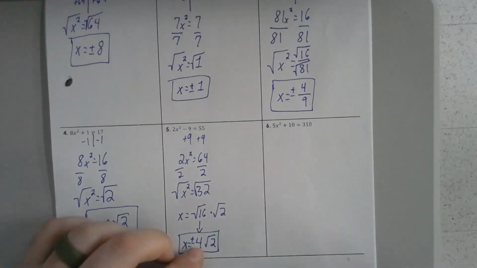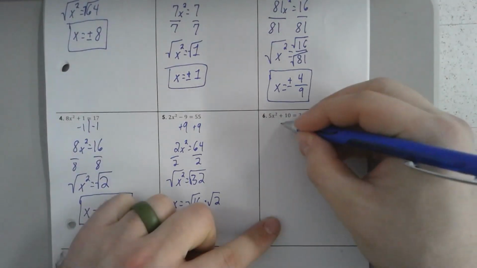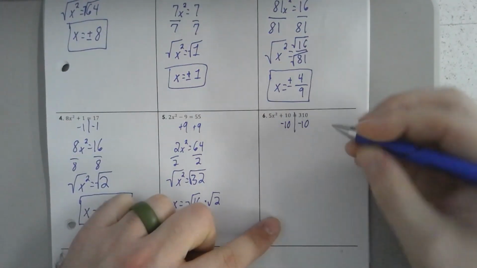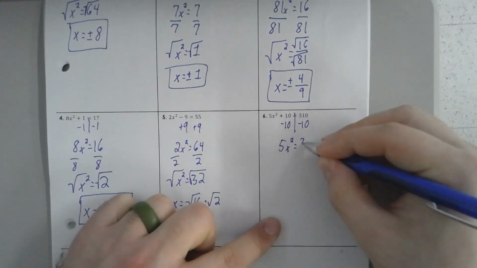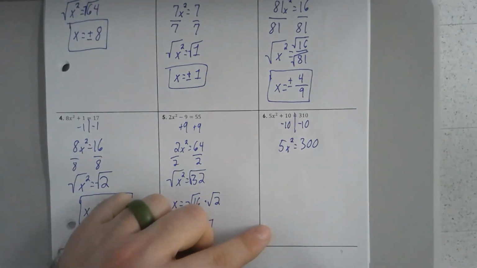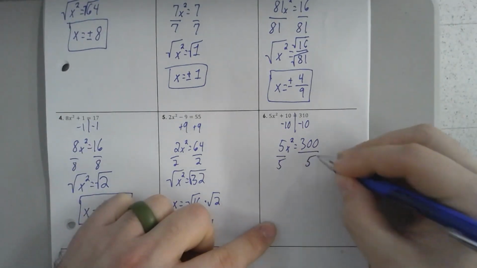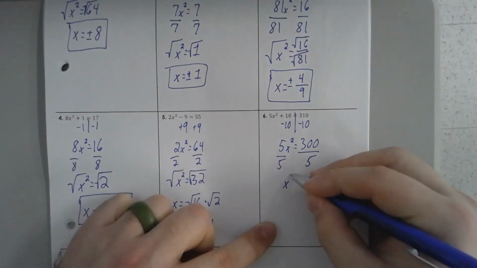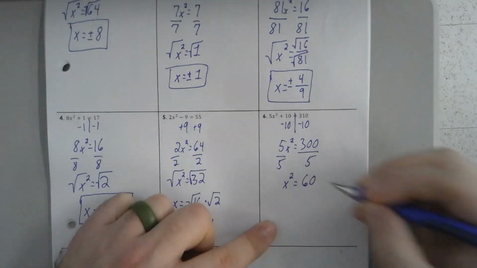So first I did minus 10. Okay. And so then I got 5x squared equals 300. And then I divided by 5. And then I got x squared equals 60. And then I square rooted it.